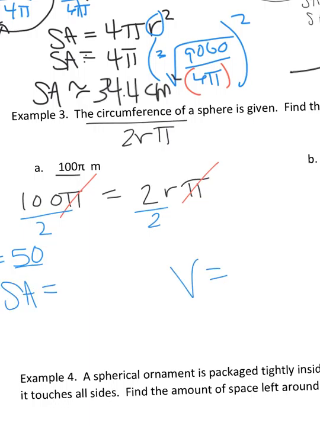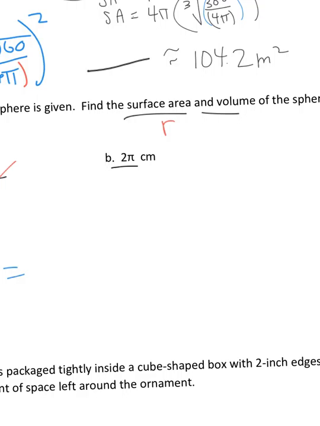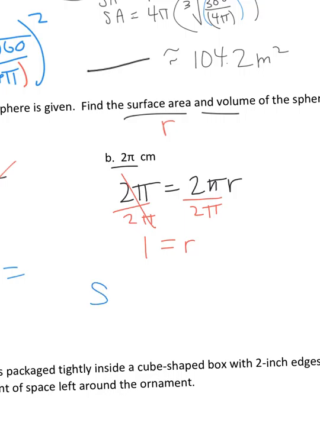Same thing with b over here. You do the circumference, 2 pi equals 2 pi r. If I divide both sides by 2 pi, 2 pi divided by 2 pi is 1, so 1 equals r. So now I'll finish this one out. Surface area equals 4 pi r squared, 4 pi 1 squared.